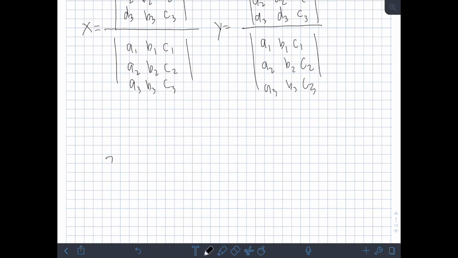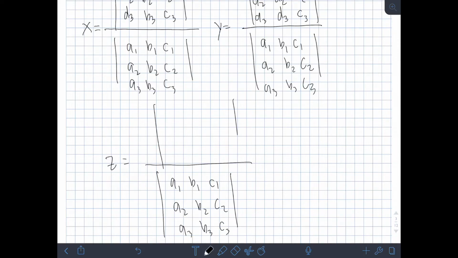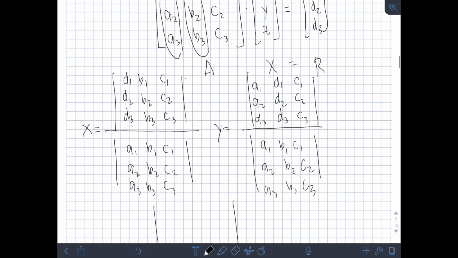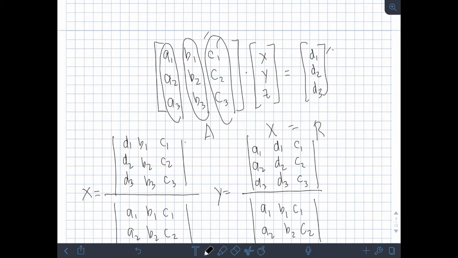And then last, for Z, it is equal sa denominator, determinant uli nung A. So A sub 1, B sub 1, C sub 1, A sub 2, B sub 2, C sub 2, A sub 3, B sub 3, C sub 3. And then for the numerator, papalitan naman natin yung column 3 dito sa A ng constant.